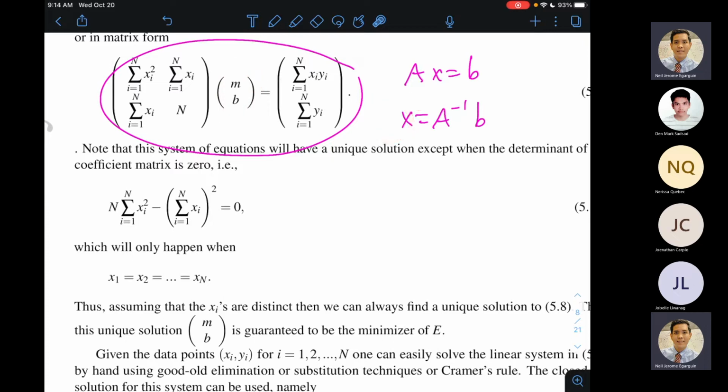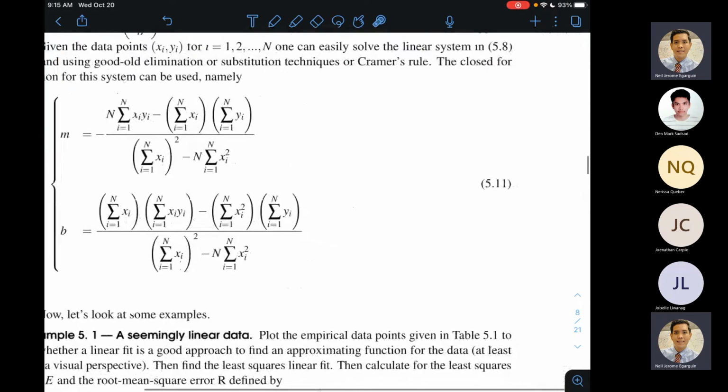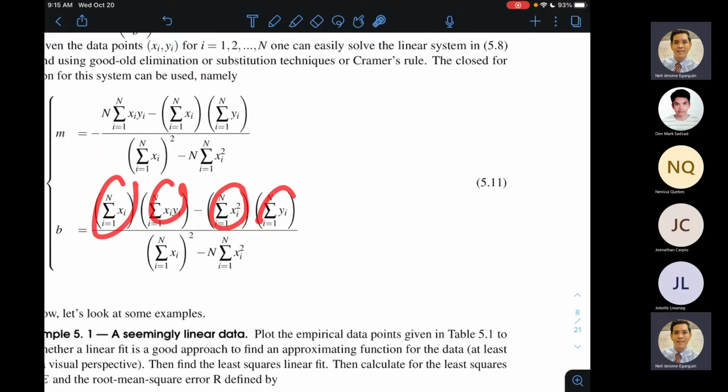Right? Though hindi nyo na to kailangan gawin sa MATLAB or sa Python or to what in what programming language you're using, sinolve ko na siya dito by hand using Cramer's rule. Ito yung value ni m, ito yung value ni b. Right? Mukha lang siyang intimidating tingnan, pero kakalculate nyo lang naman to isa-isa, makukuha nyo yung hinahanap na value.